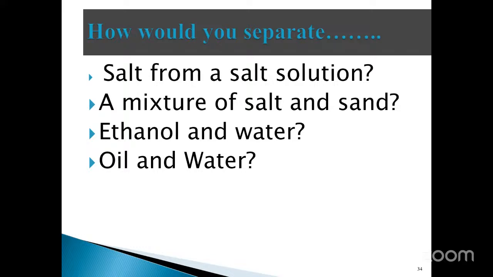Your goal would be to exploit that difference in order to achieve that separation. So with that in mind, we're going to look at some simple examples. These are not high-level research type examples, but the principle will be the same. You have to exploit the difference between the substances in the mixture so that you end up with at least one of them being pure.